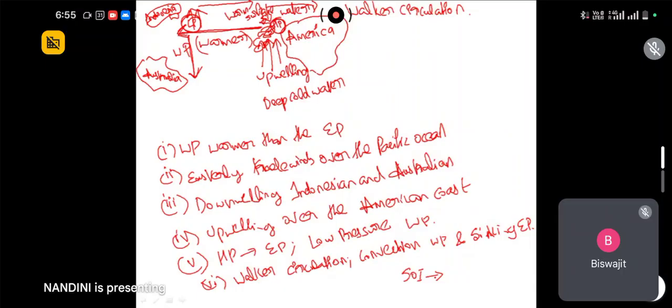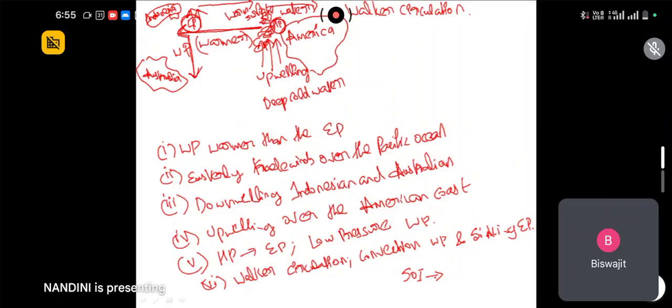Did I write it wrong? No, right? The Western Pacific is associated with low pressure, so we have rainfall over there. Yeah, Eastern Pacific has high pressure. I think I drew everything. It is looking so congested.